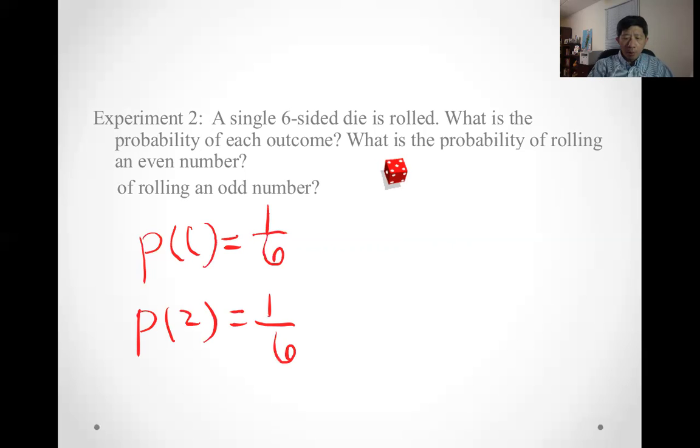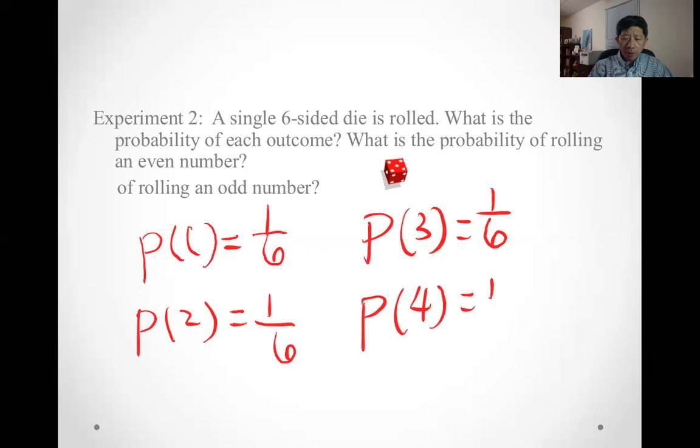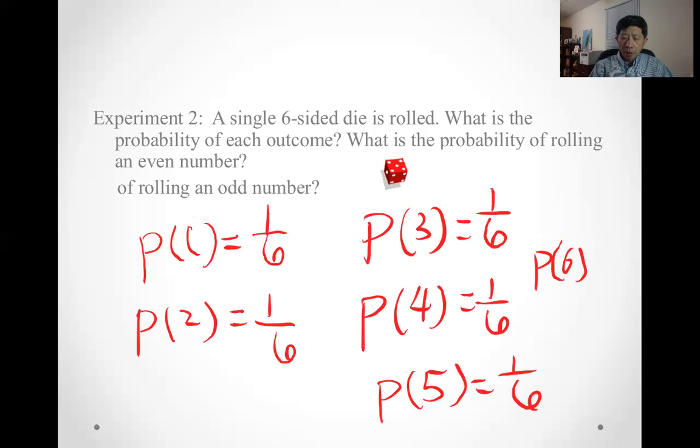A 3, 1 out of 6. What about 4? 1 out of 6. 5, 1 out of 6. The probability of 6 is 1 out of 6, okay. That's for each outcome.